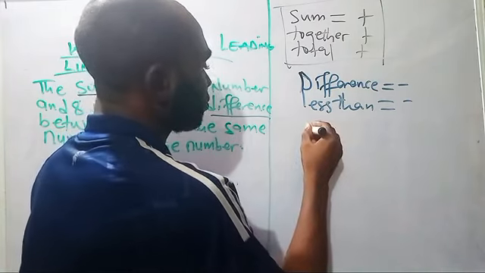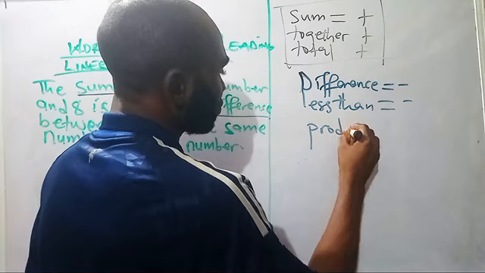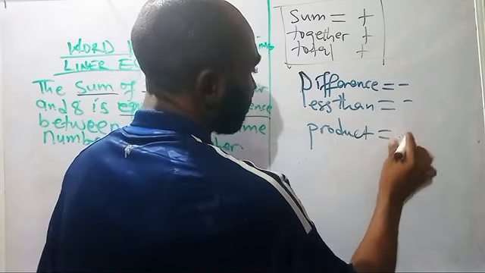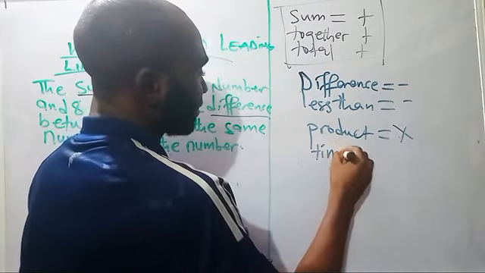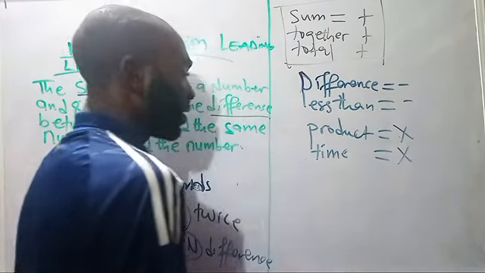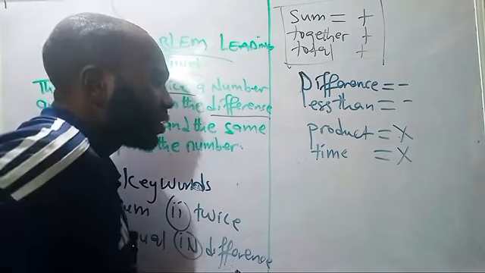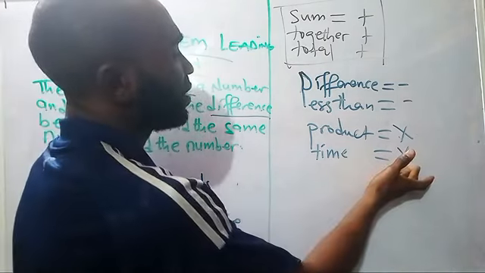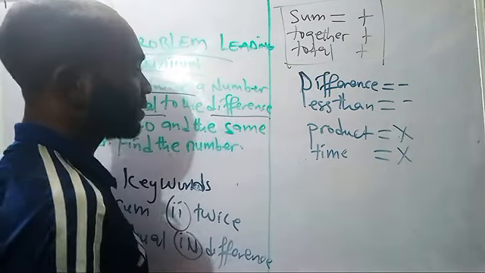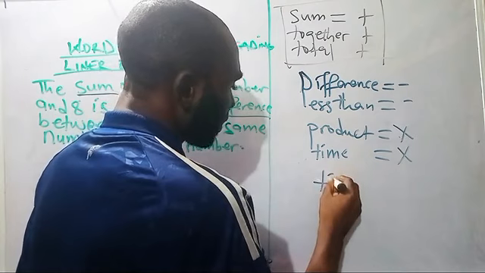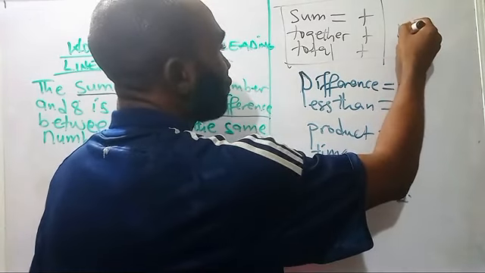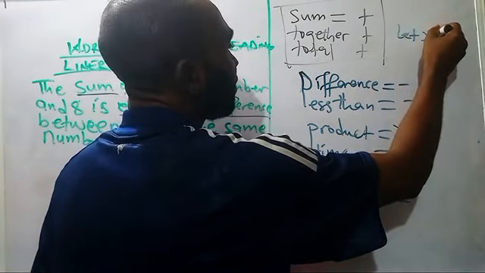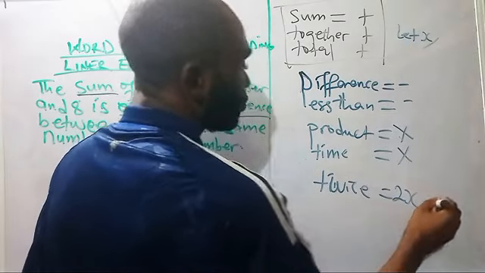What about multiplication? You have keywords like product, which is multiplication. You still have keywords like times, which means multiplication. Now, what about twice? If the keyword twice appears in a word problem and you define your variable as x, then twice the number means two times that variable.